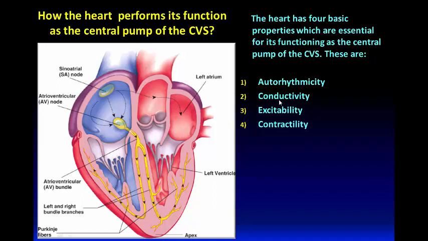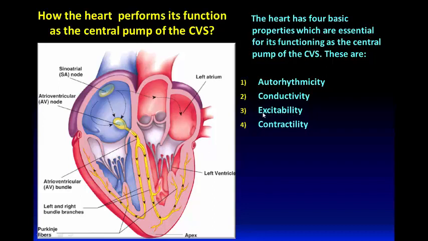Conductivity, which is the ability of the heart to conduct these stimuli so that the cardiac stimuli reach the cardiac muscle cells which we have in the walls of the atria and the ventricles. And when these stimuli reach the cardiac muscle cells in the walls of the atria and the ventricles, they excite them.